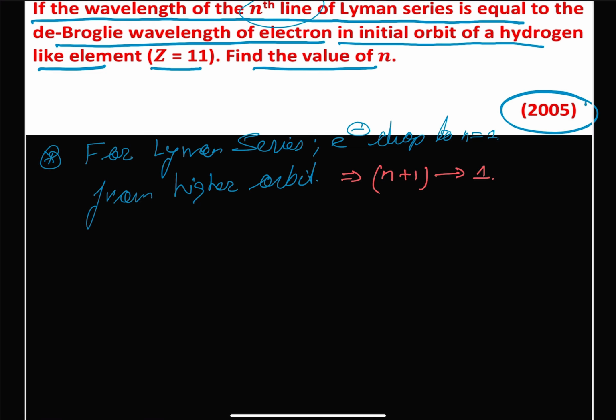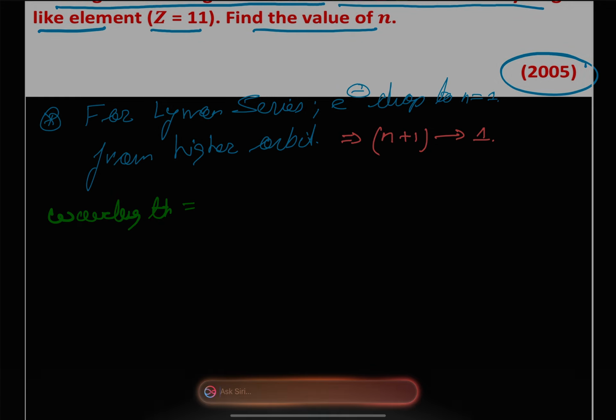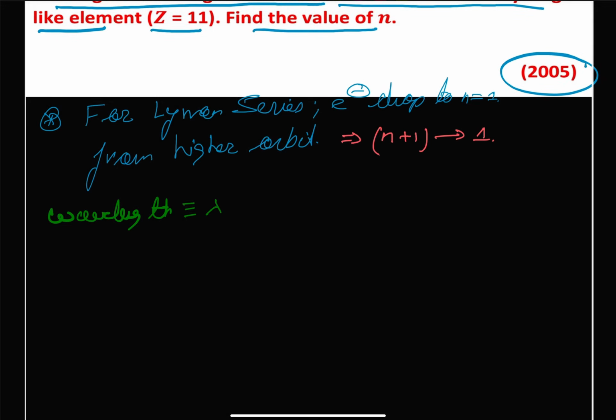Therefore, if the wavelength is represented as lambda, we can write that 1 upon lambda is equal to R times Z square, and here we have 1 upon 1 square minus 1 upon n plus 1 whole square.